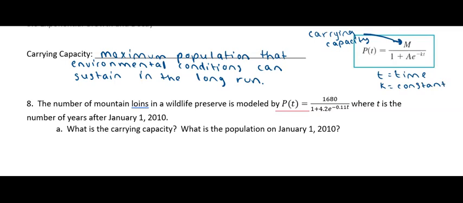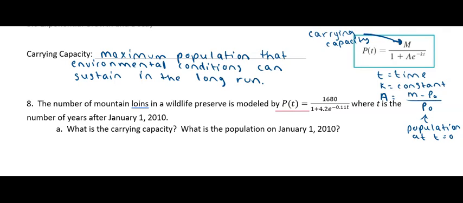And another one that you're going to want is A, and that is the carrying capacity minus P sub 0 all over P sub 0. And P sub 0 is our population at time equals 0. Those are the pieces of the formula we're going to want to know.